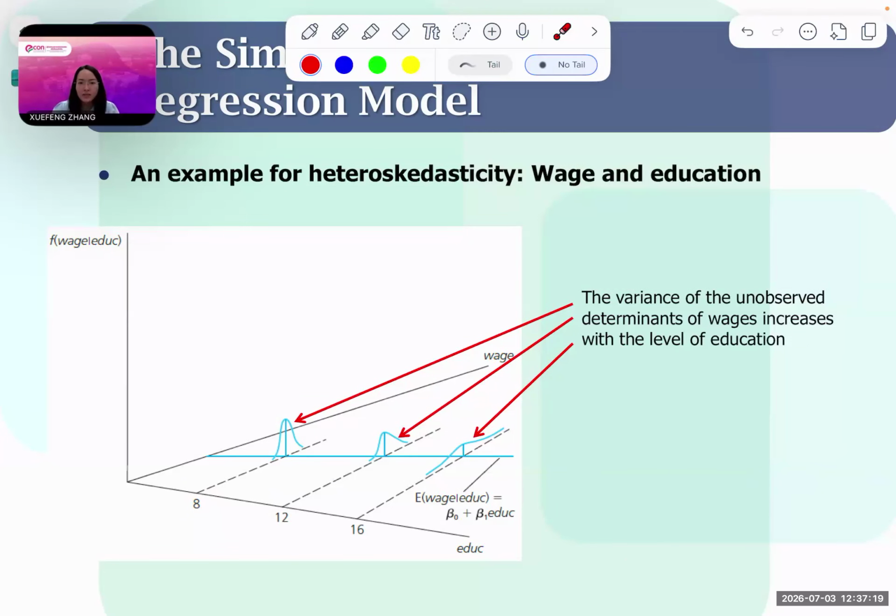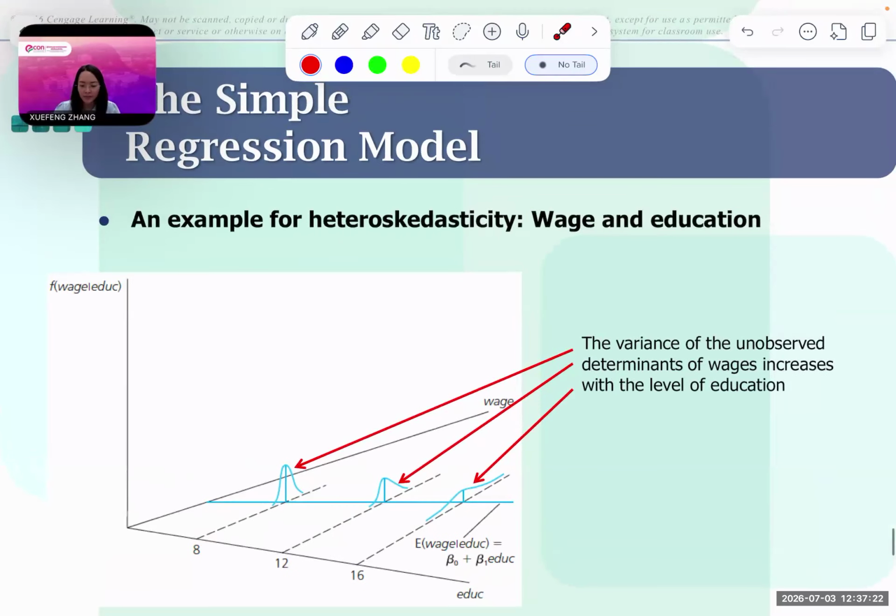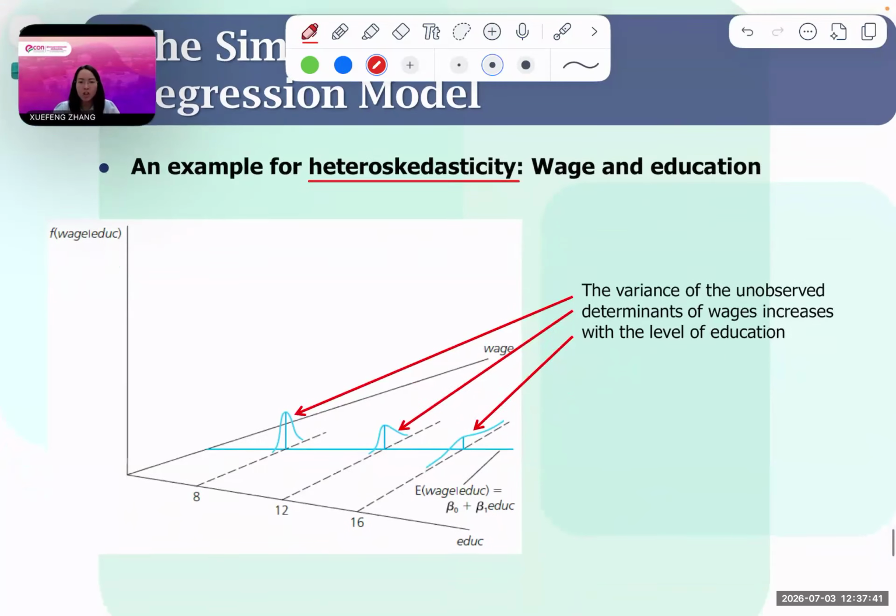So here is an example of heteroscedasticity. Hetero means something different. Remember the last slide, homoscedasticity, equal spread everywhere. Now look at this diagram, something is different. Look at the three curves at 8, 12, and 16 years of education.